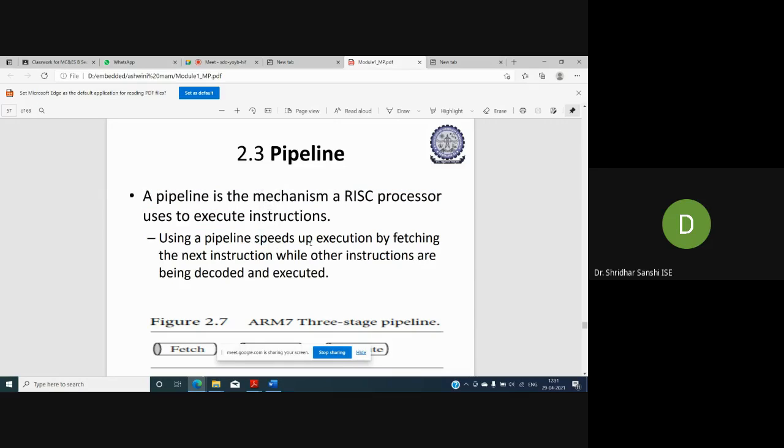So what is the concept behind pipeline? Whenever a processor is executing an instruction, simultaneously we can fetch the next instruction to be executed. In this way we can speed up the execution of the processor.